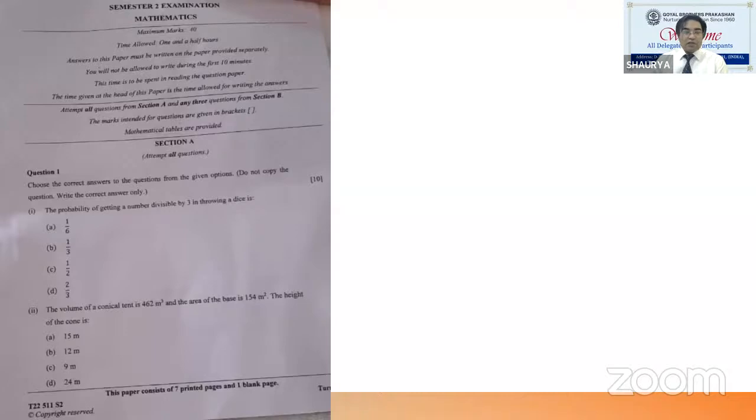Okay, coming to the first MCQ: the probability of getting a number divisible by 3 in a throw of a single dice. If I define A as the event of getting 3 or 6, that is the only 2 possible options which would be divisible by 3. My number of favorable outcomes comes out to 2.